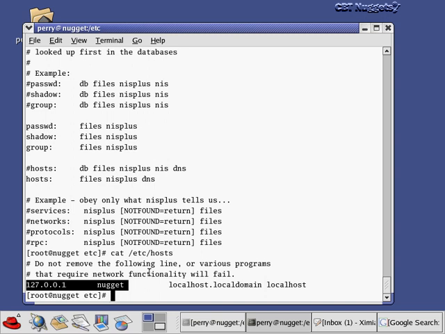If my domain had thousands and thousands of machines in it, I probably wouldn't list them all in etc hosts, and instead I would let my local DNS server take care of that, instead of having the system look through etc hosts each time and it being thousands of lines long.